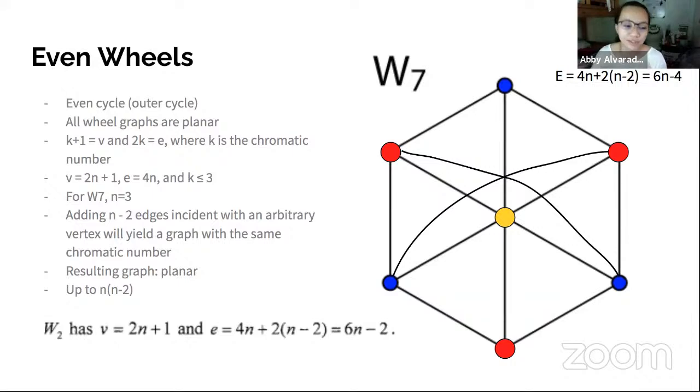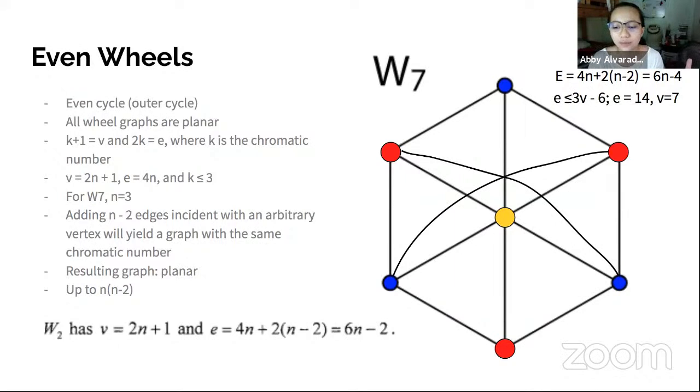And also to double check if it's planar or not, let's use this inequality since it has more than 3 vertices. So its total number of edges is 14, but 3 times 7 is 21 minus 6 is 15. So actually what happened here was if you use this formula, Euler's formula, sometimes it is applicable to planar or non-planar graphs.